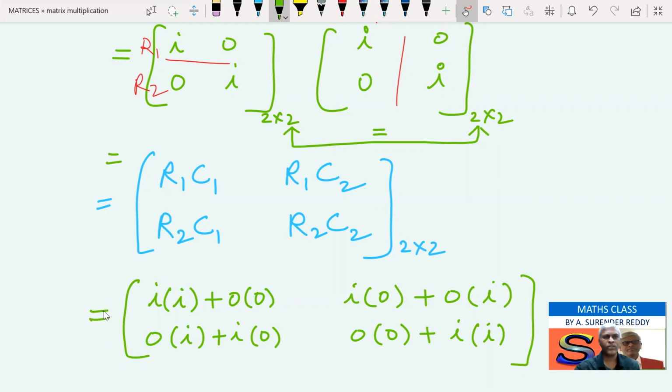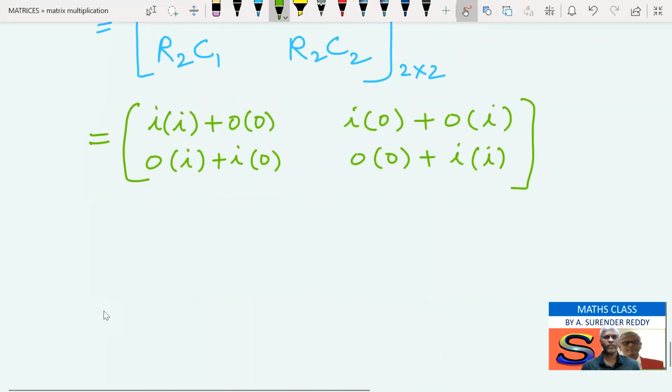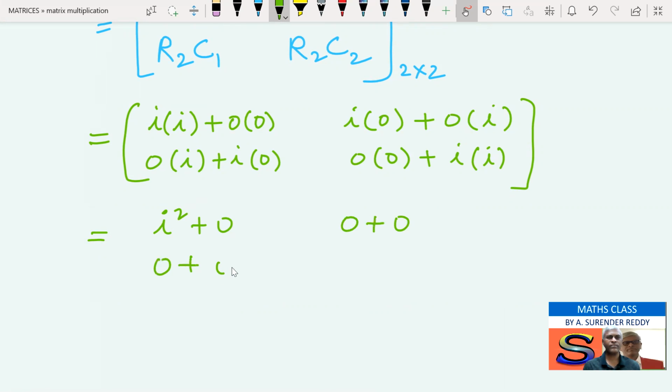So this is the A into A multiplication. After simplifying, I into I square plus 0. So I into 0, 0 into I. So 0 into anything is 0. So 0, 0.